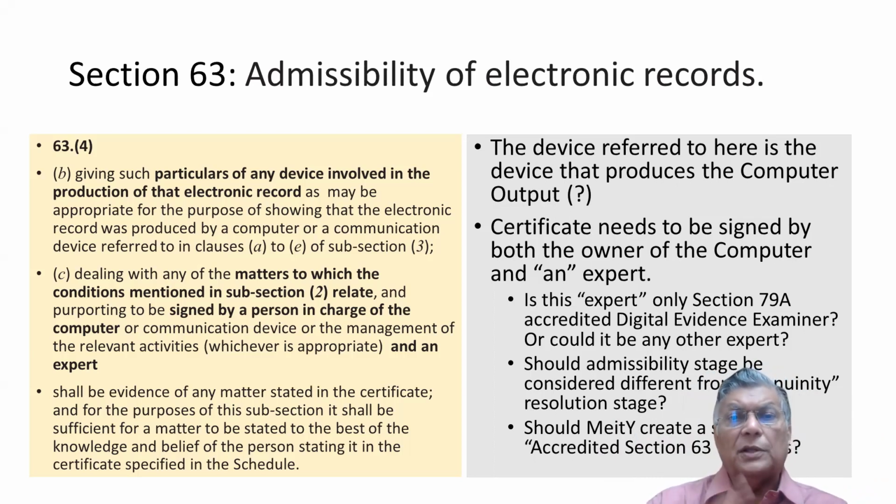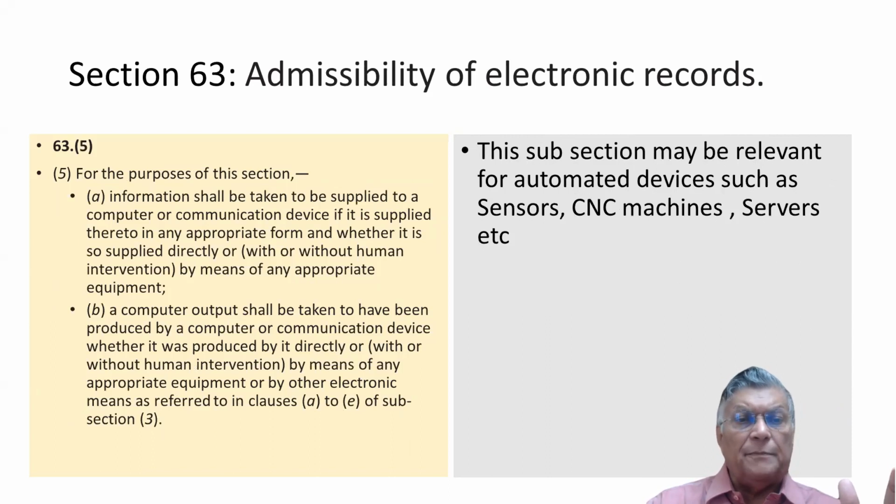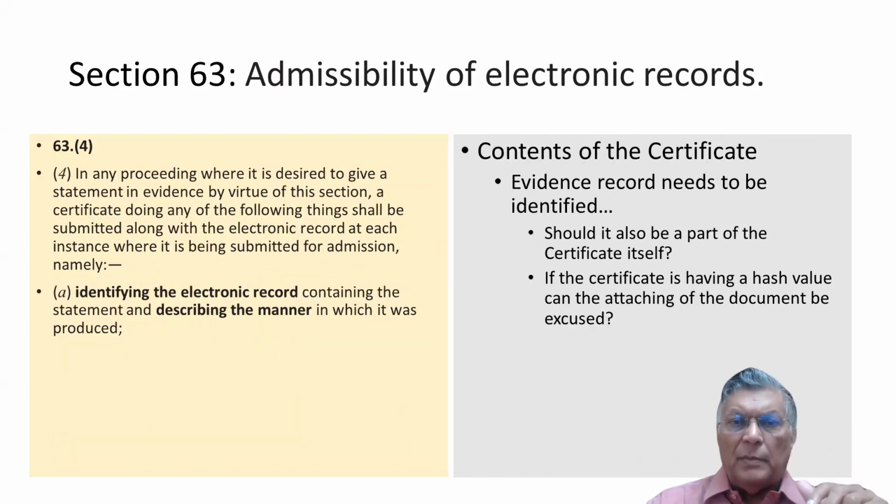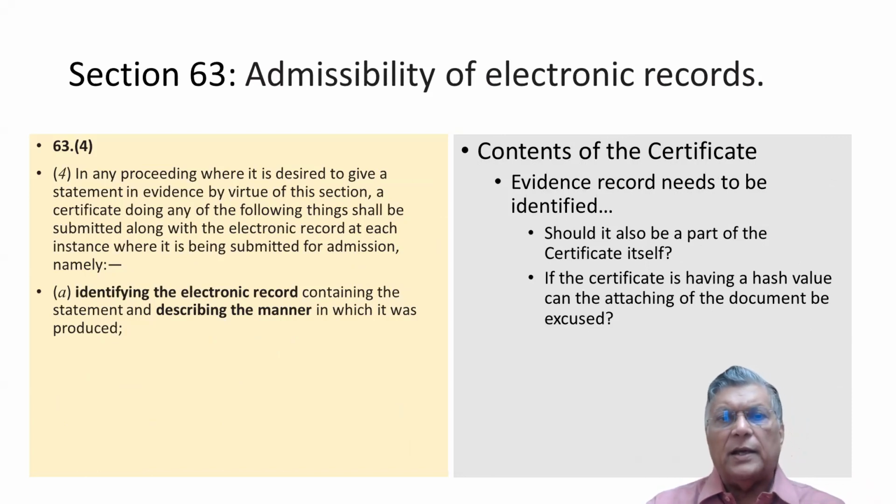But if you say, no, this document is produced by multiple computers, then the question that multiple people will have to sign this certificate becomes necessary. Okay, so if it is done like that, it shall be the evidence for the particular purpose of this section 63.